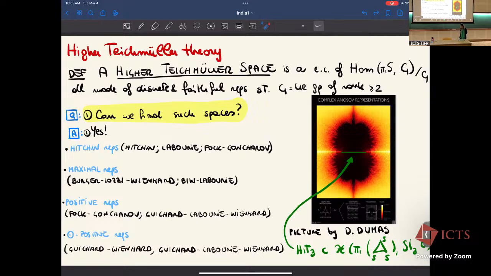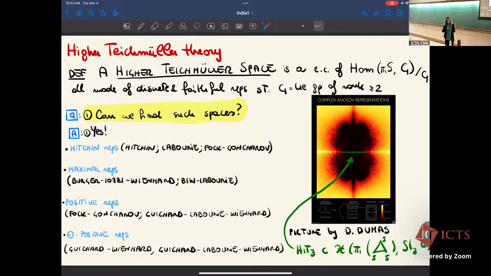And then more recently, work started by Guichard and Wienhard, then Guichard, Labourie, and Wienhard, and also other work of Collier, Garcia-Prada, and lots of their collaborators, where they generalized this notion of positivity to theta-positive representations, and they were able to classify and try to count all of these components.